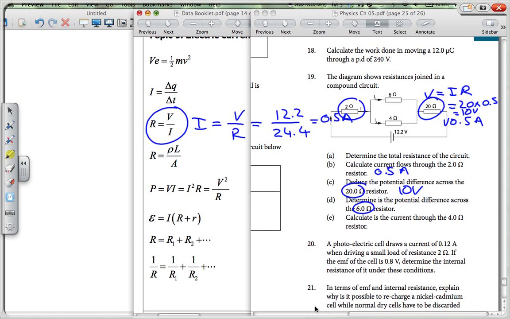So that's going to be 2 times 0.5, so you're going to get 1 volt over there, and we know that there's 10 volts there, and here we've got 12.2, so therefore the difference would be 1.2 volts across the parallel. So this would be 1.2 volts across there. That would be one way of doing it.